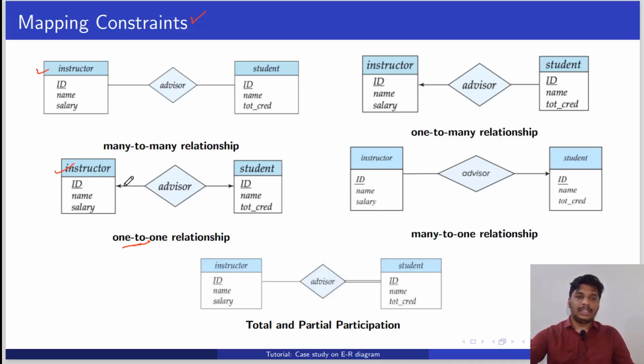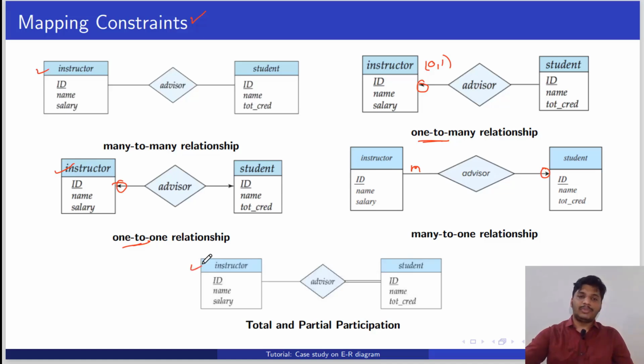If you see an arrow here, it means 1, and if there is no arrow, it means many. Similarly here the relationship is 1-to-many. An arrow indicates 1, and 1 means at most 1, either 0 or 1. Here there is no arrow, which means many. Similarly here also is a many to 1 relationship.